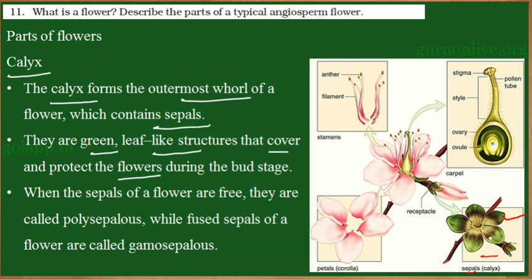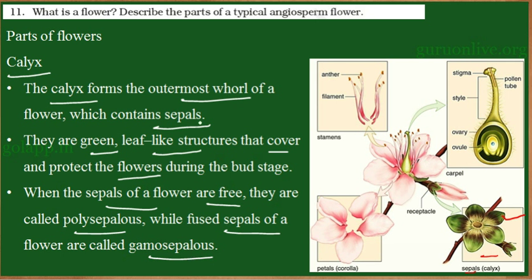There will be more than one sepal; it can be 3, 4 or 5. If these sepals are free, we call them polysepalous, and if they are fused, we call them gamosepalous. Poly means there are many and they are free.